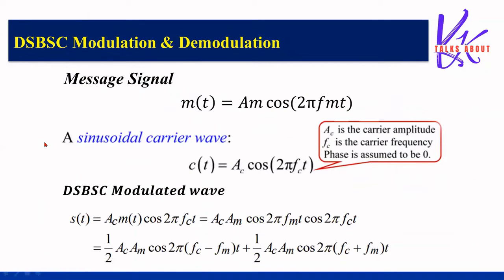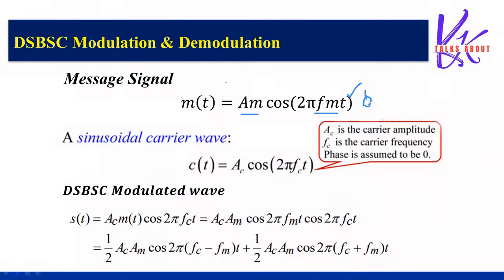As we know from the definition of amplitude modulation, the carrier wave is varied in accordance with your message signal. So to implement the DSBSC, we require a message signal that has an amplitude AM and a frequency FM, and here we are considering the phase to be 0.